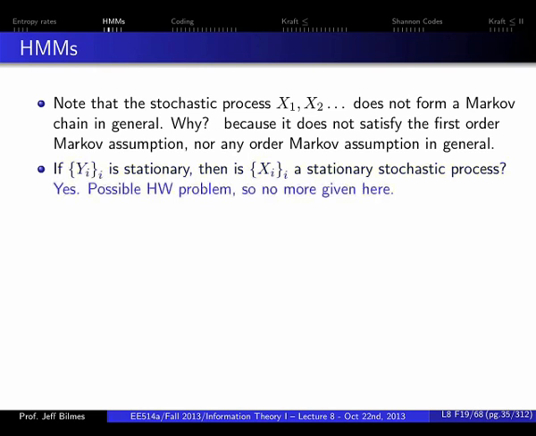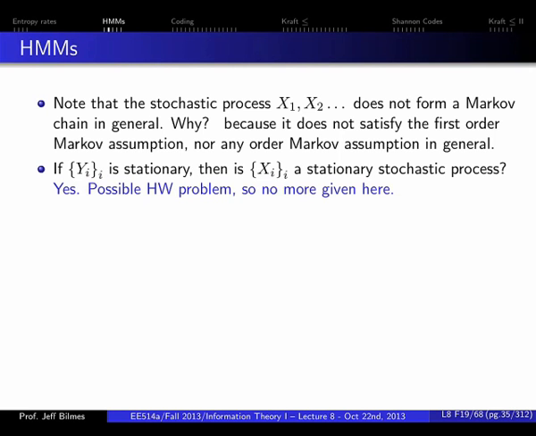Okay, let's see if we can answer this question. It turns out the answer is yes. If y is stationary, then x is also stationary. The intuition, again, rests on this conditional independence assumption. If I know y, then nothing else matters. So if I have a probability distribution of y, and y is stationary, then in some sense the distribution on x is a mixture.